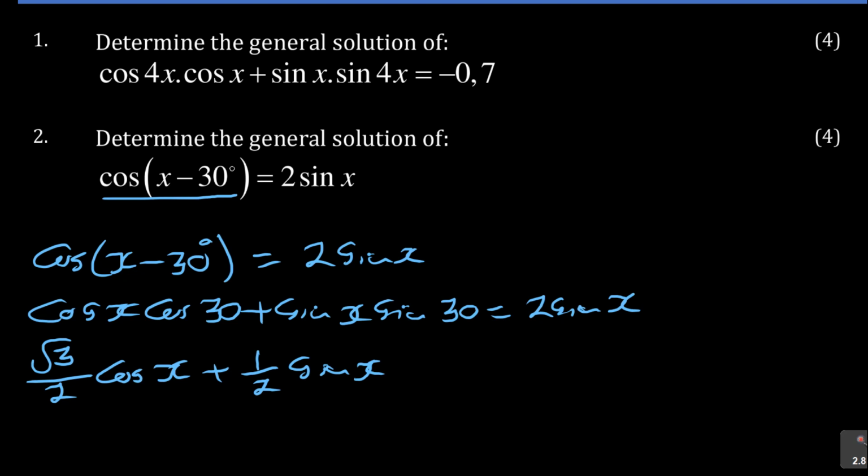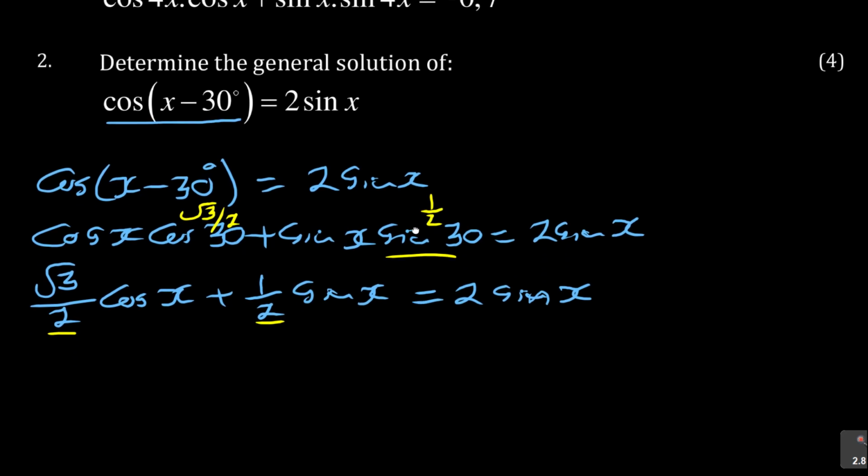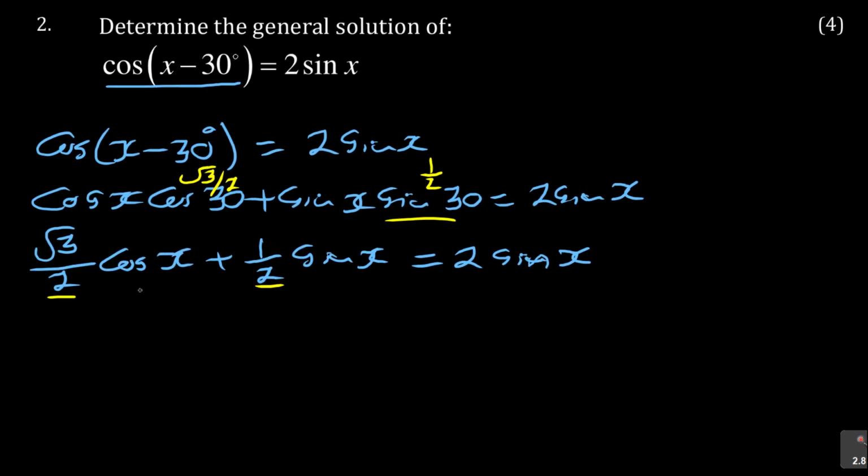I think you see what I'm doing. This one gave us root 3 over 2, and this one gave us 1 over 2. These are the ones that I'm writing there, equal to 2 sin x. What's next? Continue, simplify further. You can take the sine to join its friend on this side.